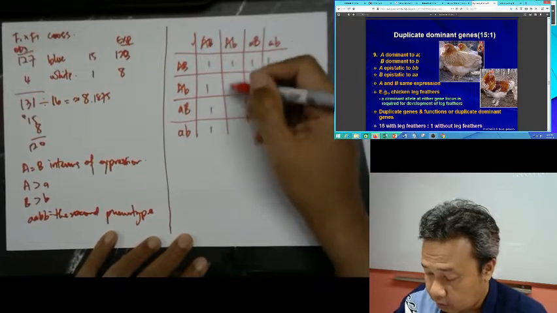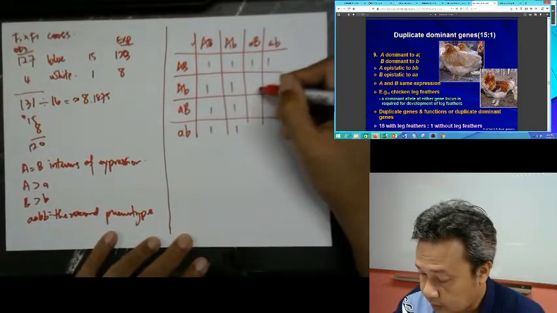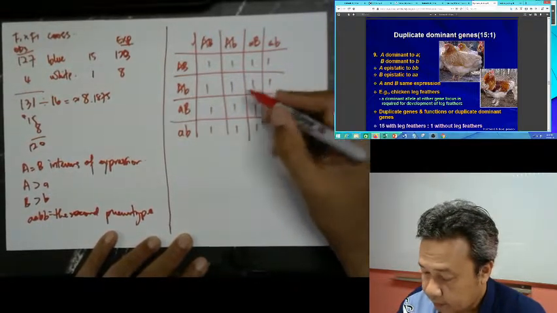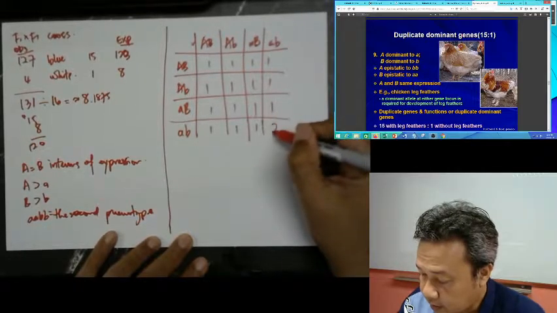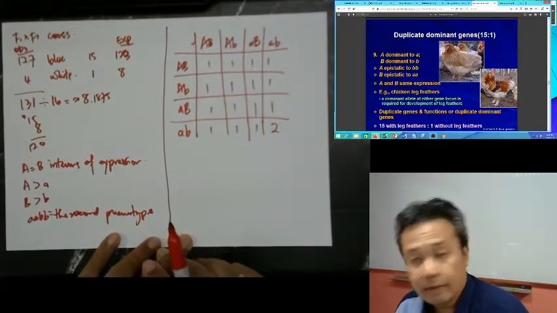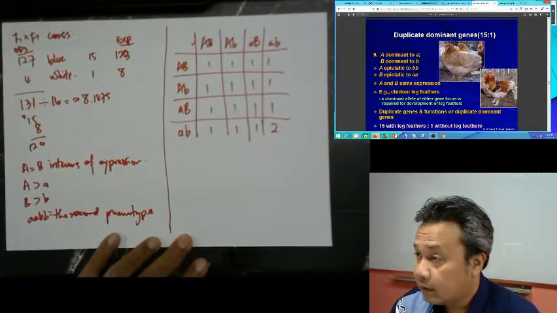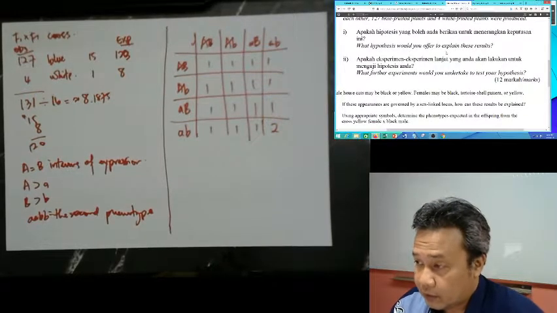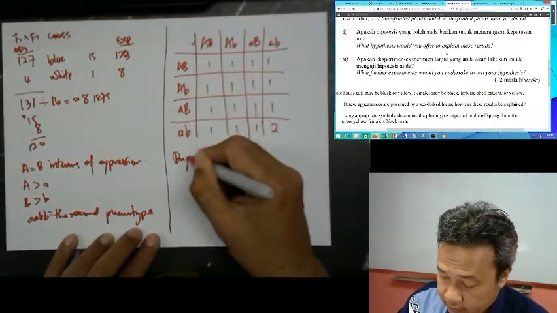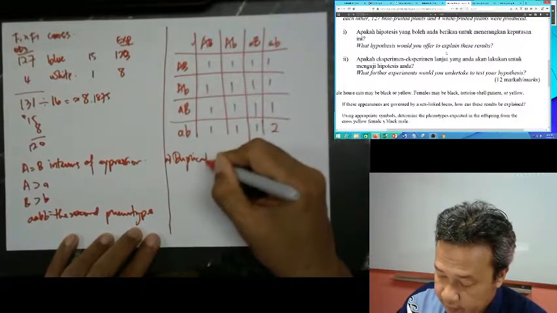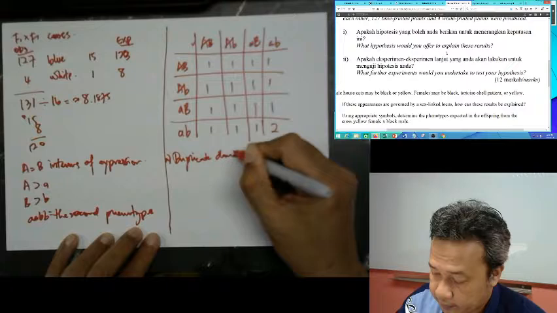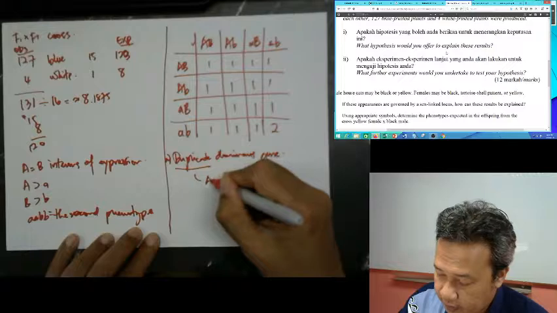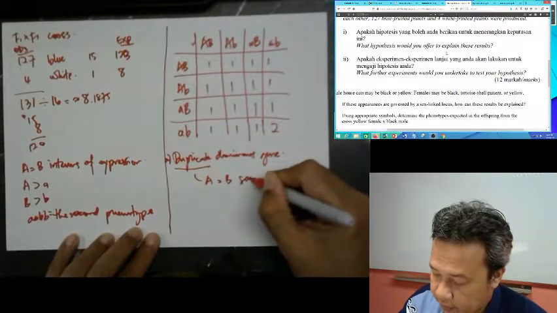So this one has got A also, this one has got A also, this one has got B, this one has got B, and only this one has got the other phenotype. So what's the question? What hypothesis would you offer to explain this result? This is duplicate dominant genes, and duplicate means A and B have the same expression.